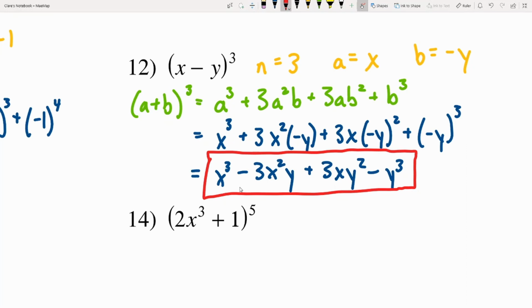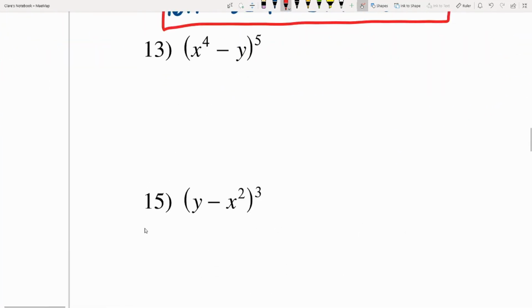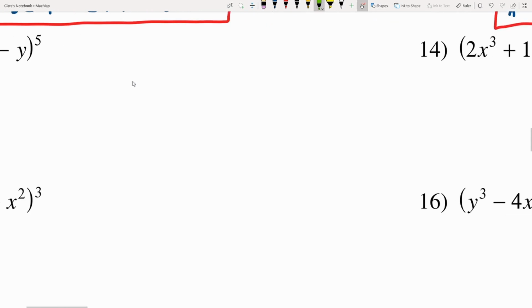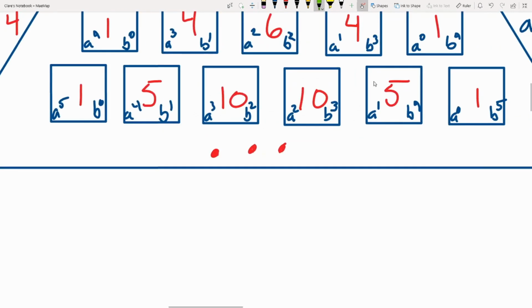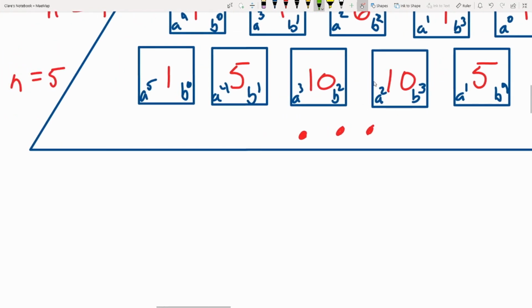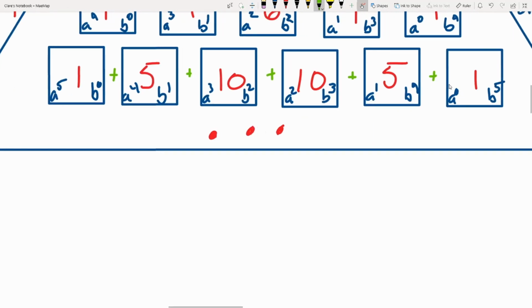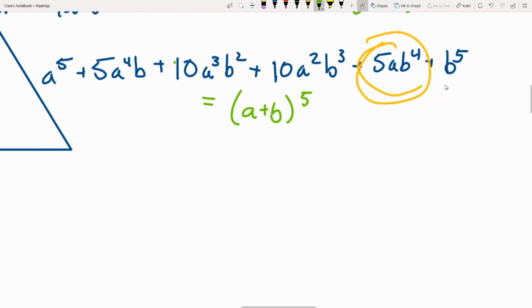That's number 12. Now for number 13, I have an n of 5. So I'm going to have to expand out a plus b to the 5th, which I've already done nicely using the triangle for some help. So in that last row of my triangle I completed, I just have to sum all of these parts, which I've done over here already.